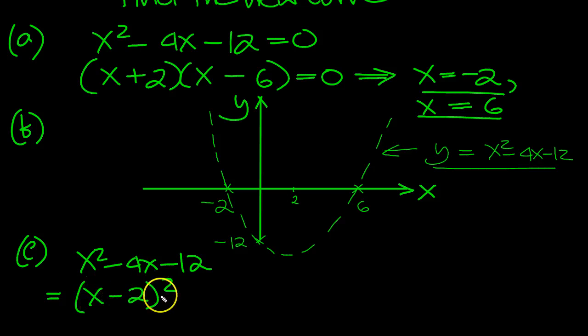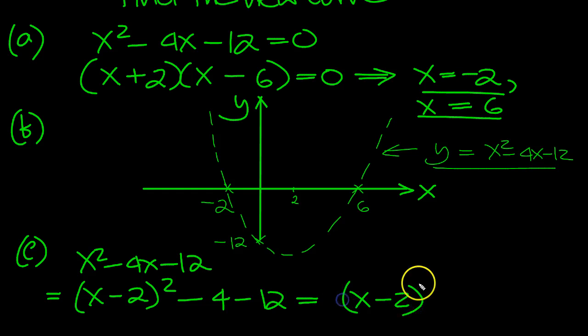And that will give us x squared, when we expand this bracket in our mind's eye, minus 2x is the minus 4x. We'll also get a plus 4. So we want to get rid of that plus 4 with a minus 4, and there's a carry of minus 12 as well, of course. And that equals x minus 2 squared minus 16.